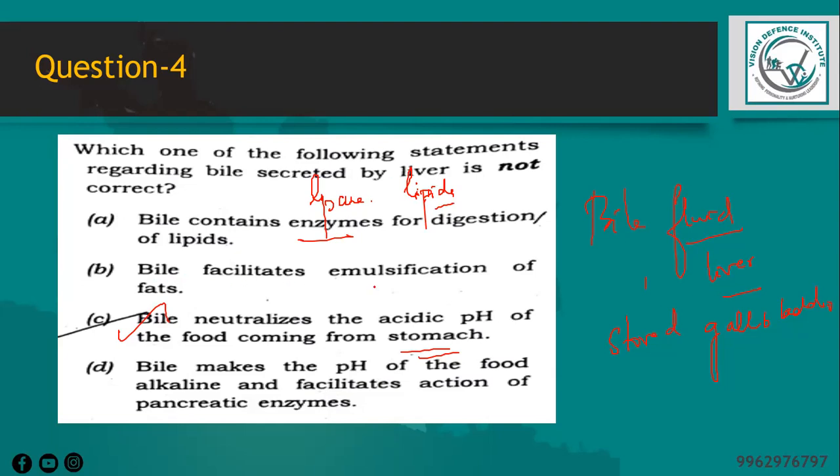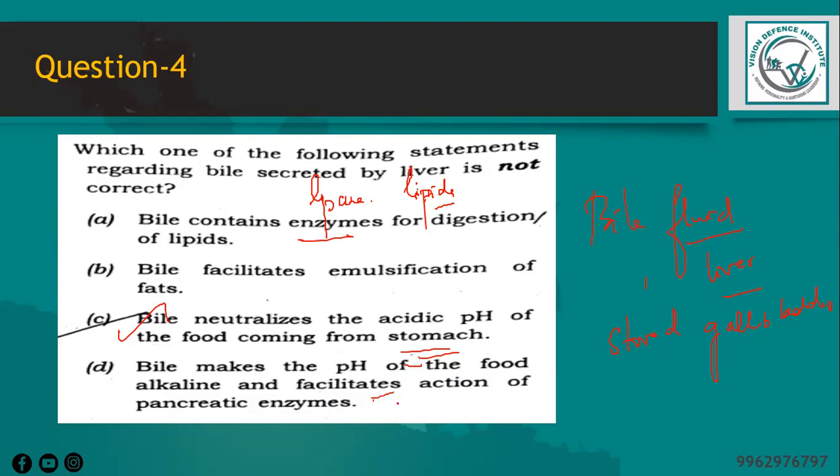That is nothing but breaking them down into smaller droplets so that they may be easily digested by the lipase. So what about the fourth condition? That is, the bile makes the pH in the small intestine alkaline in nature, that helps to neutralize the acidic content that comes from the stomach, right?